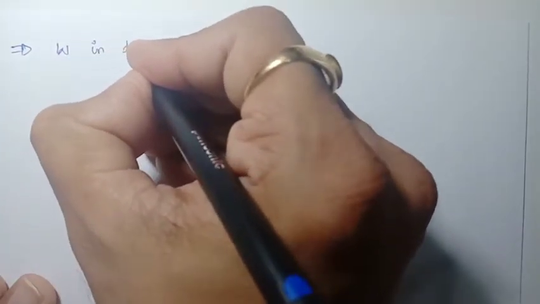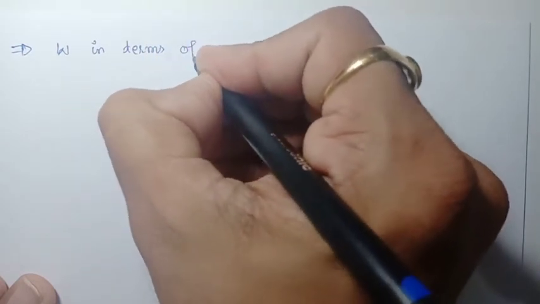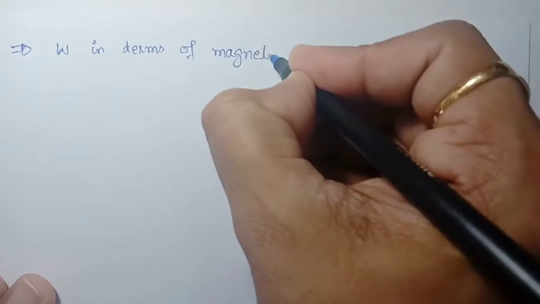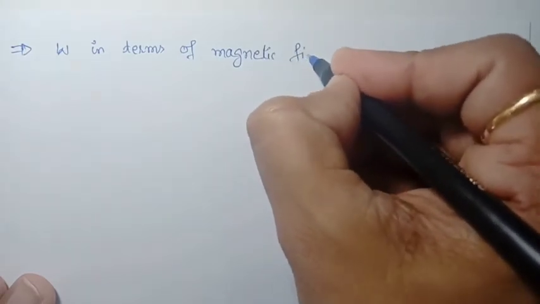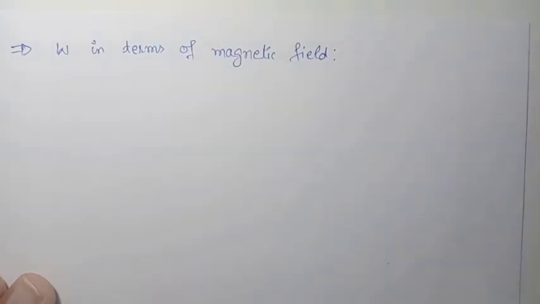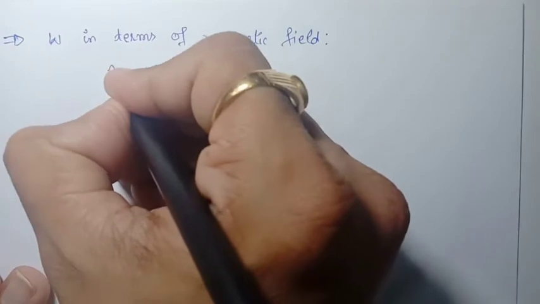Then in continuation we will discuss W in terms of magnetic field. Here we will use Ampere's law.